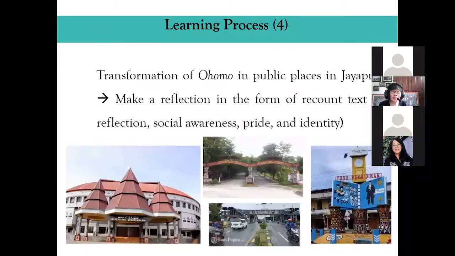Yeah. This is the last learning process. We ask the students to watch the transformation of Ohomo in public places in Jayapura. There are many actually, but they don't realize that. And then after that, to write a recount text about what they have seen in public space about Ohomo.